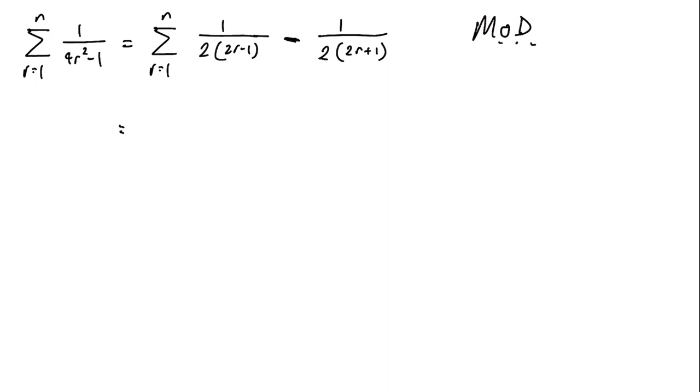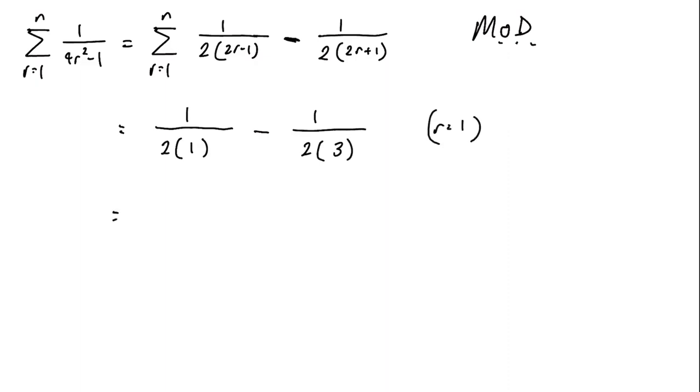So if you just sub in manually with r equals 1, 2, 3, and then n minus 2, n minus 1, and n, you'll see all the terms cancelling off. So let's just do it. Sub in r with 1, you get 2 times 1 is 2, minus 1 is 1. Minus 1 over 2 times 1 is a 2, 2 plus 1 is a 3. That's when r is equal to 1.